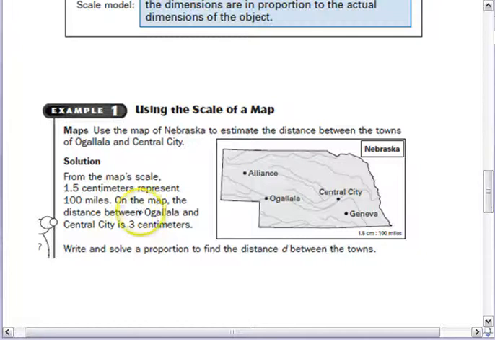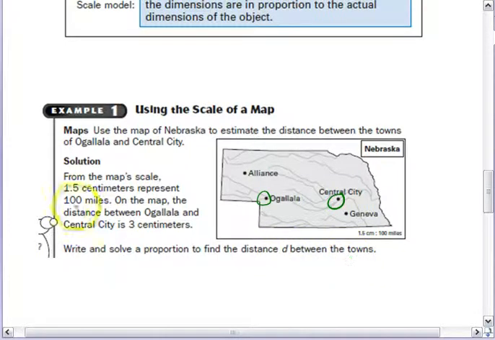From the map scale, 1.5 centimeters represents 100 miles on the map. The distance between Ogallala, right here, and Central City, right here, is 3 centimeters. So write a proportion to find the distance between the two towns.